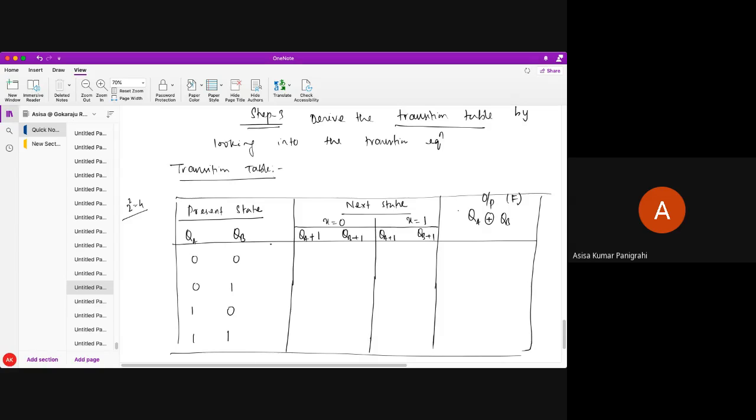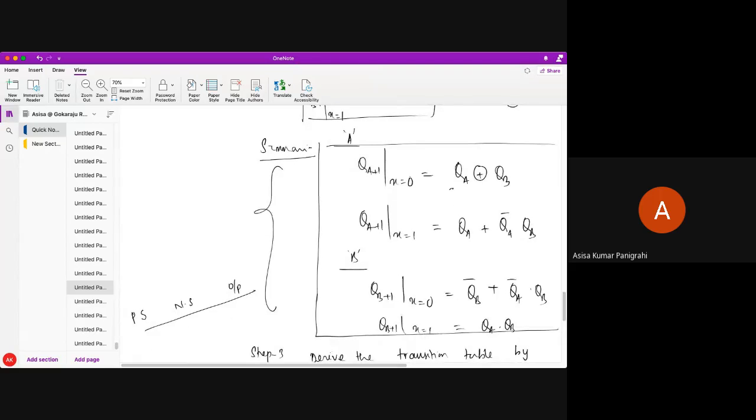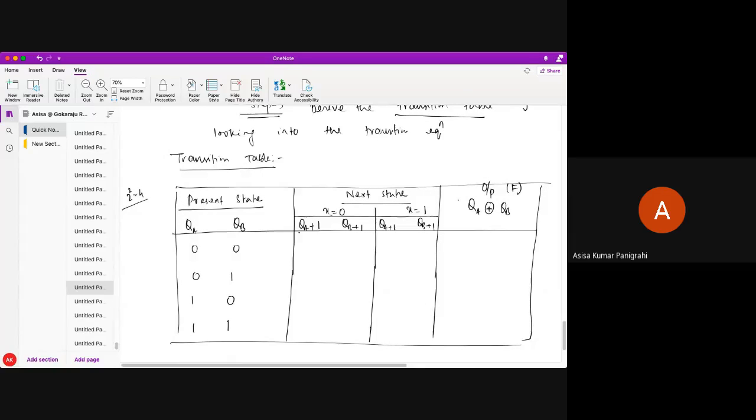Now tell me, what is QA plus 1? QA plus 1 belongs to the A flip-flop, and I have to see x equal to 0. At x equal to 0, what is my formula? QA XOR QB. Am I correct, students? Any doubt? Please let me know.